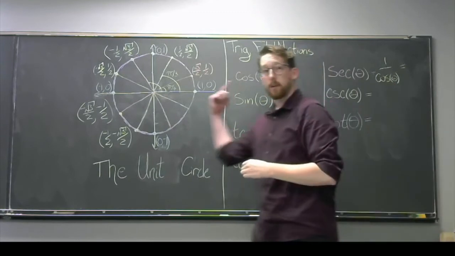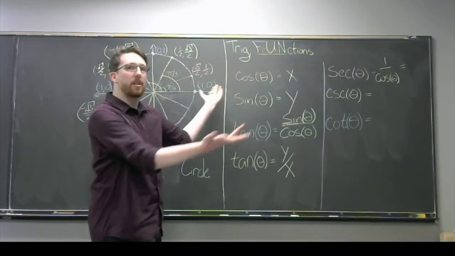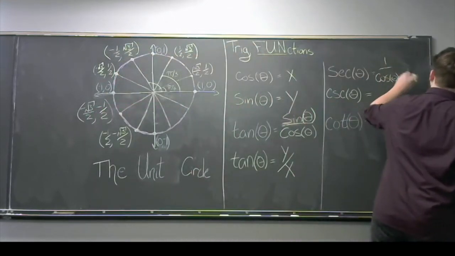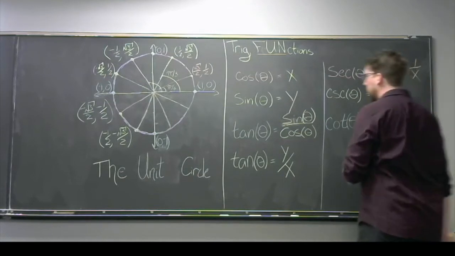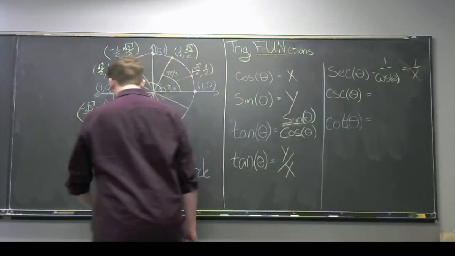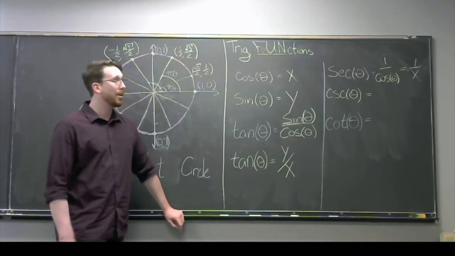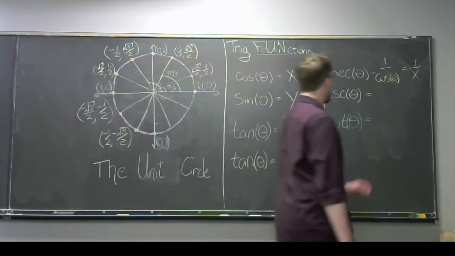So playing that same trick, we can just substitute in x for cosine. That's 1 over x. Cosecant is equal to 1 over sine.